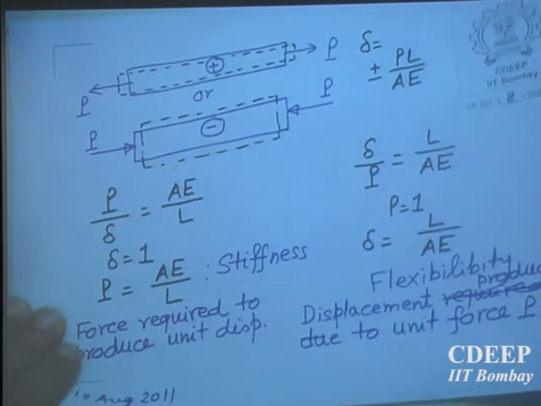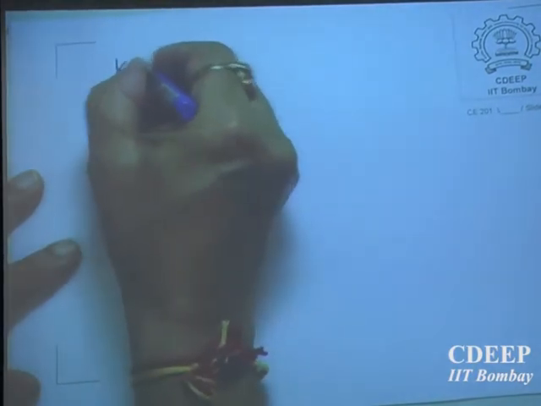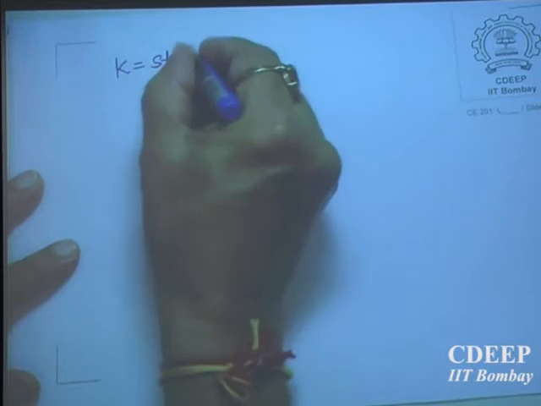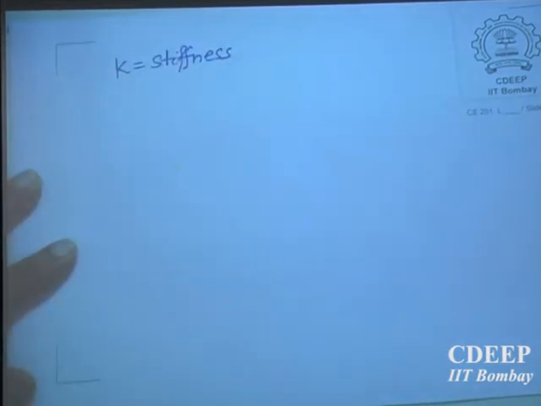Stiffness is denoted by the letter k, just like the stiffness of a spring is denoted by k.